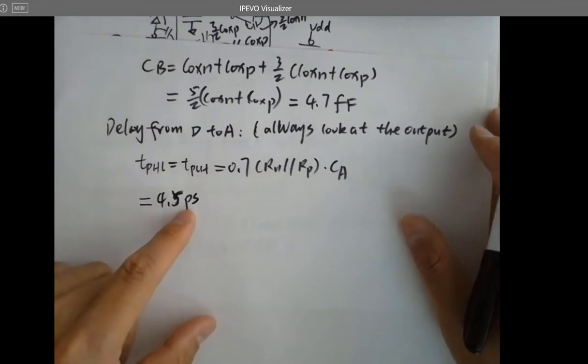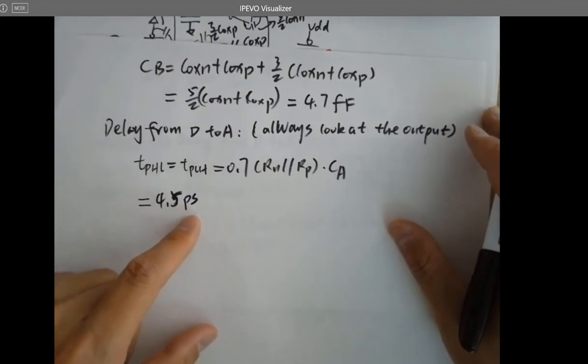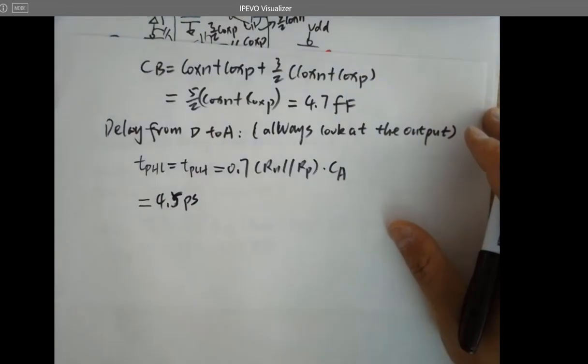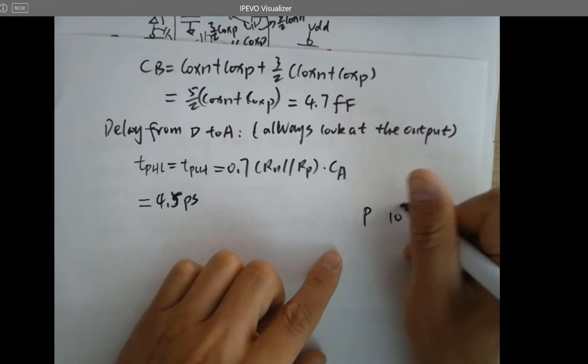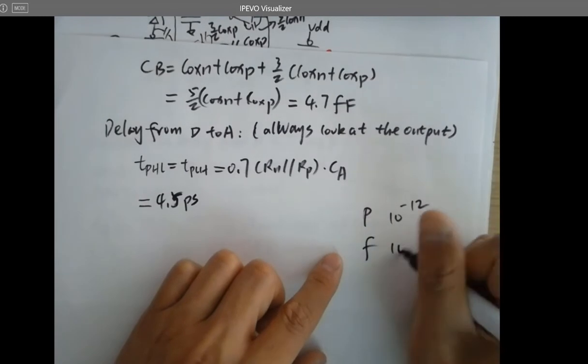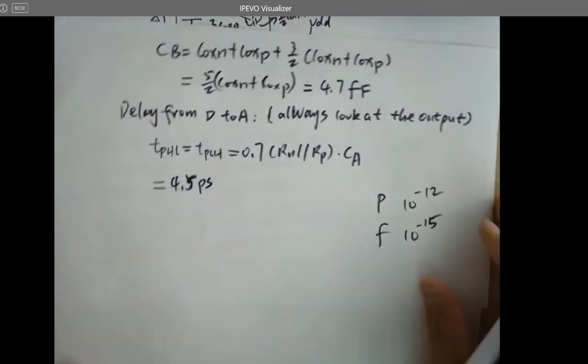We haven't done all these calculations, just want to save time. So just want to make sure you are familiar with femto and pico, right? Pico is 10 to the negative 12th. Femto is 10 to the negative 15th. Don't forget that.